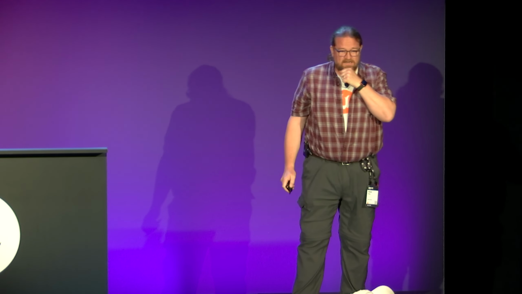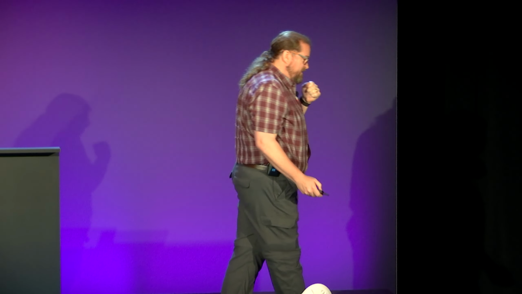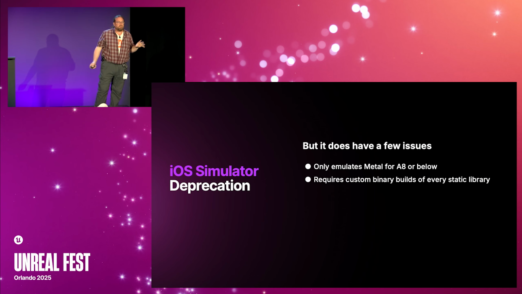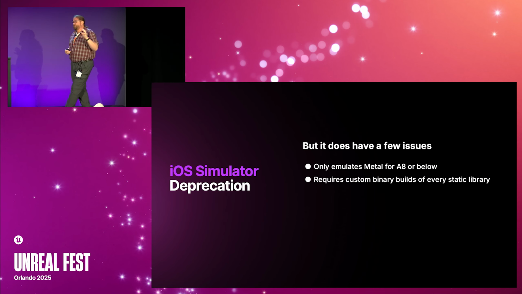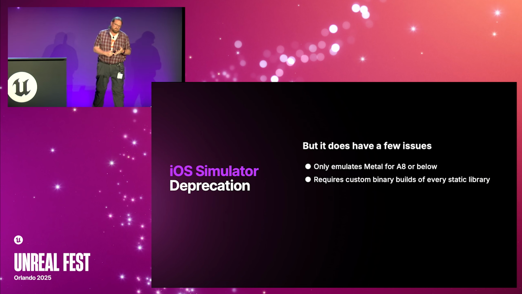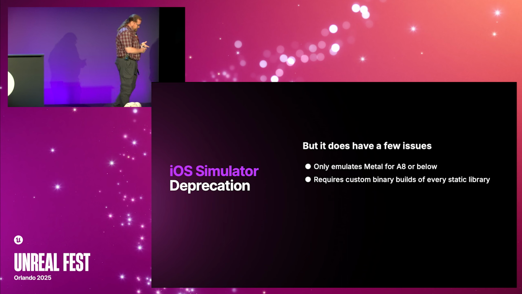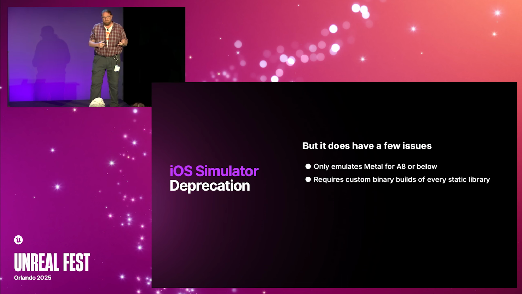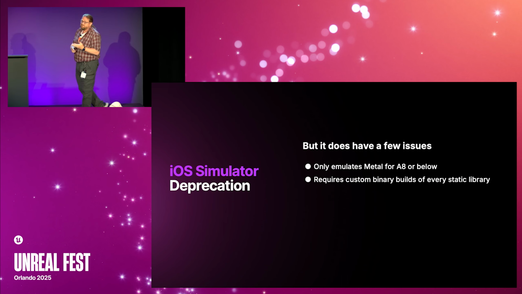It requires a custom binary build of every static library. UE ships with dozens of static libraries that you will link into your program. We have to create different libraries for iOS, tvOS, and visionOS, which each have their own libraries. We also have release and debug versions of those, so you're up to 6 libraries. We also have simulator libraries, so again, 3 more of that.